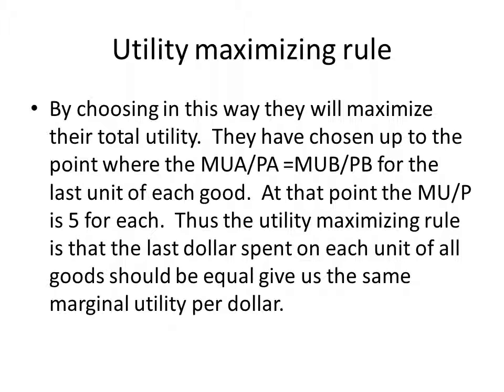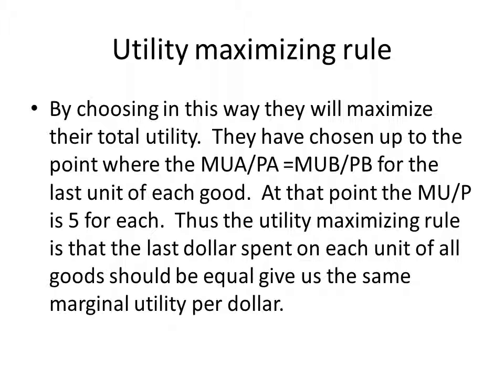At that point, the marginal utility divided by the price is 5 for each of these. So at that point, we've exhausted the budget, but we've also maximized our utility because we have maximized the marginal utility for each dollar spent.